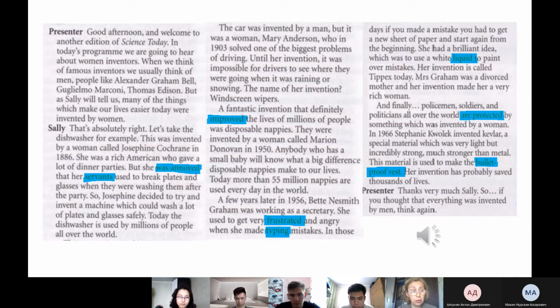Servants are people who help around the house to do some household chores. Слуги, да, потому что это было в начале века. And so ее раздражало, что слуги обычно били посуду, и она изобрела машину.